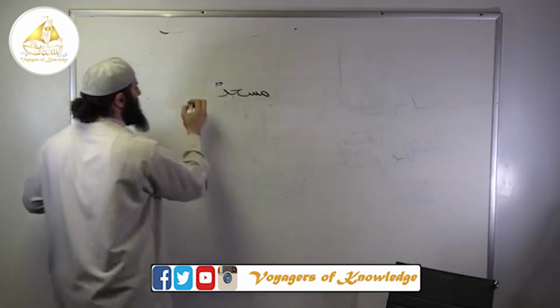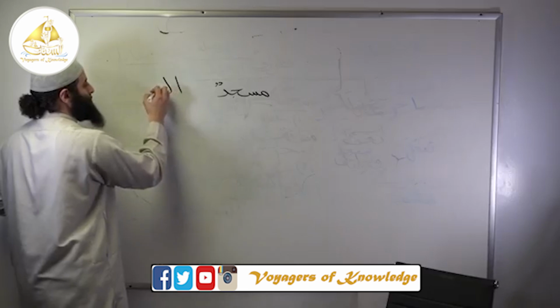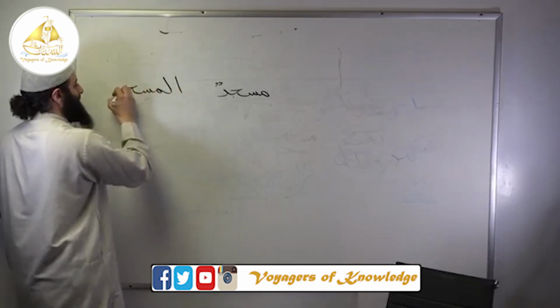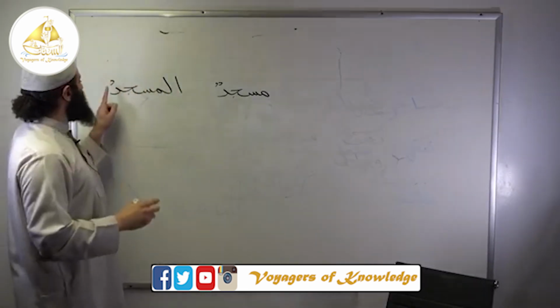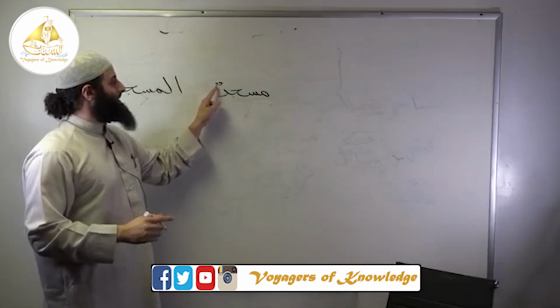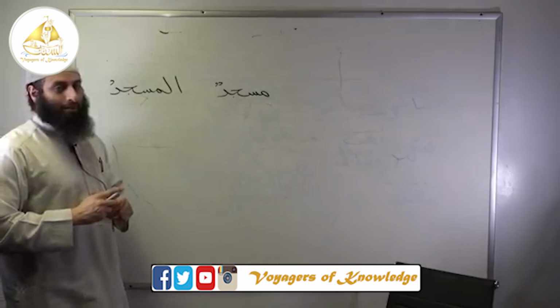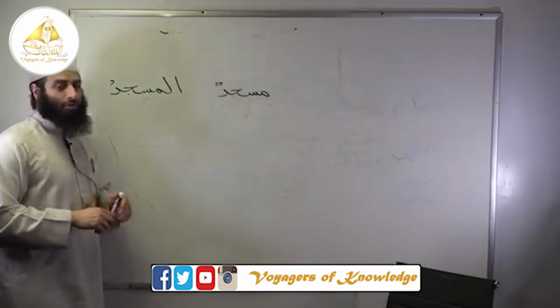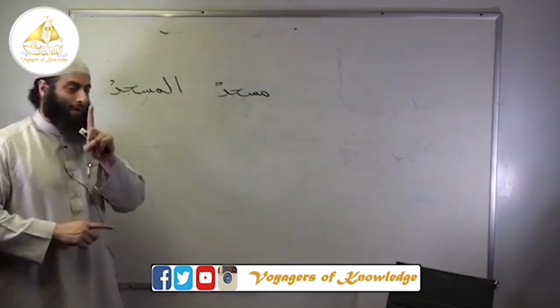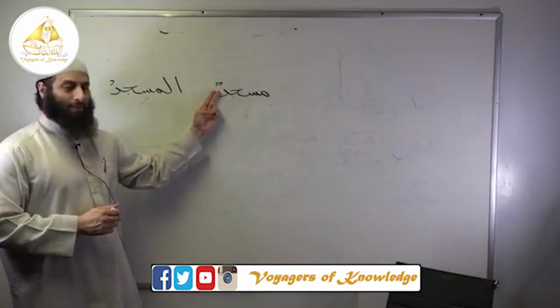Masjidun, right? Al-masjidu. What caused this dhamma to appear? These dhammatain, what caused it? The al does not cause the dhamma to appear. The al gets rid of one dhamma. See, there are two dhammas here.